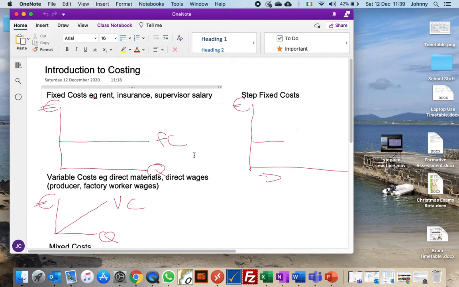So we're going to have to rent a bigger factory. So when we rent a bigger factory, that means that we'll have to pay more rent, more insurance, more supervisor salary. So when we get to that point where we can't produce anymore, we'll rent the bigger place and those costs go up. Eventually, if we start wanting to produce even more again, those costs go up again.